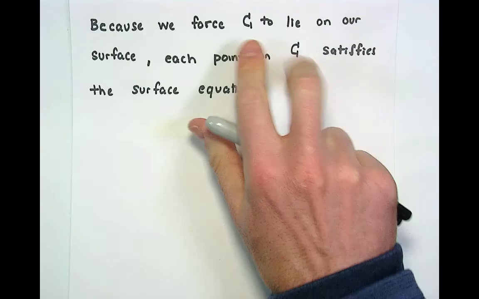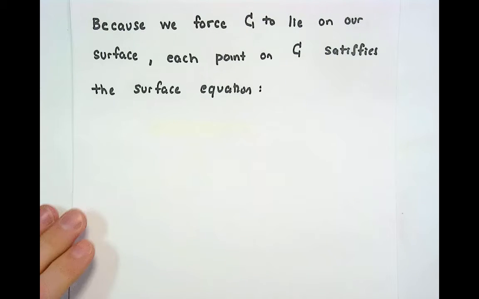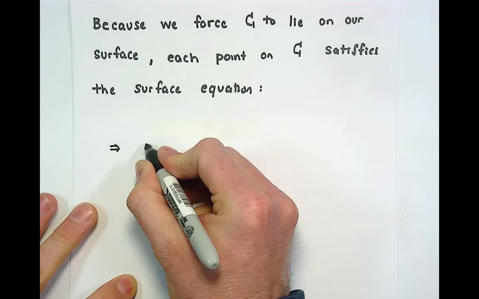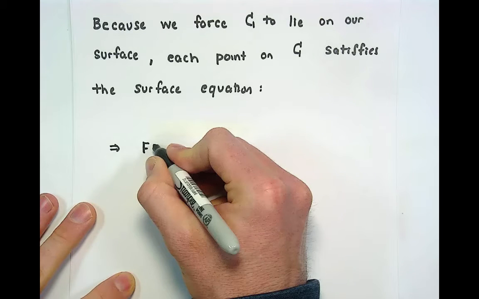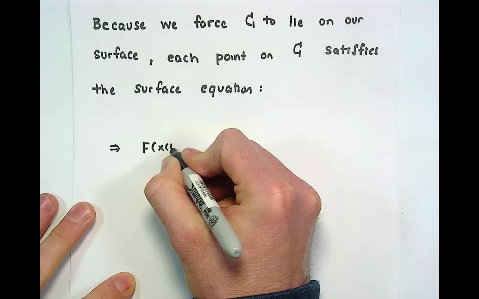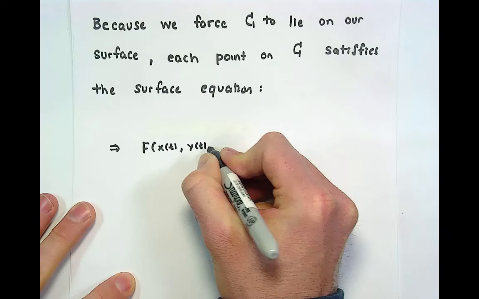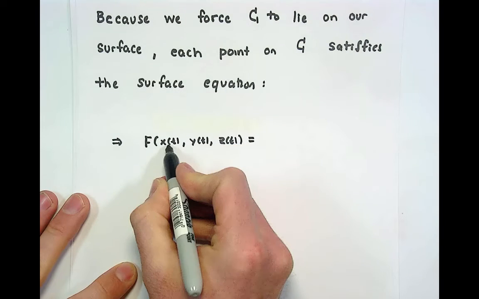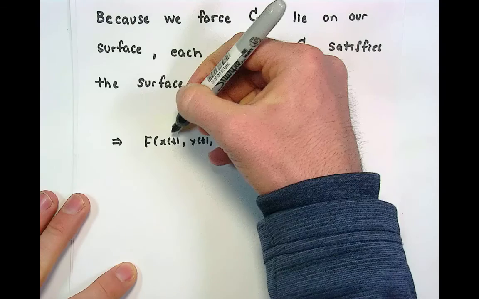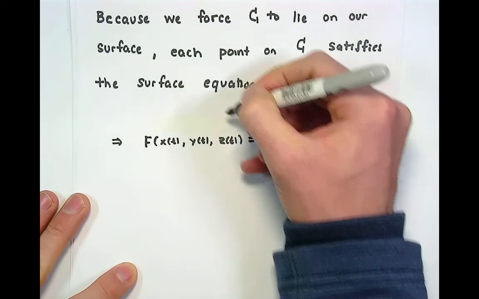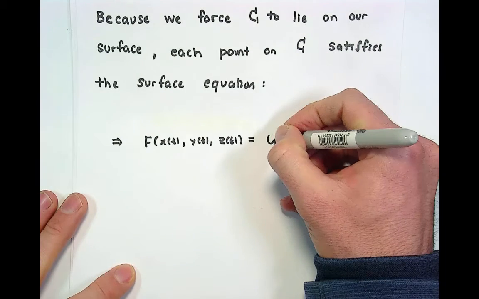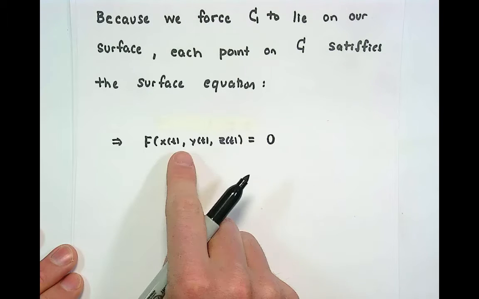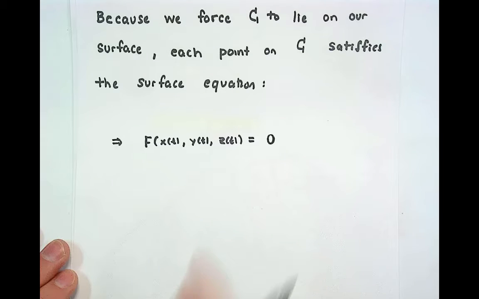Because the curve C is forced to lie on the surface, each point in C must satisfy the surface equation, which implies that if I evaluate f at the individual components of the curve, every single point on the curve is on the surface. So each of the t values, when you substitute them into the vector and put that vector into the function, should satisfy the equation of the surface. Well, the equation of the surface was f of x, y, z for any point x, y, z on the surface must be equal to 0.